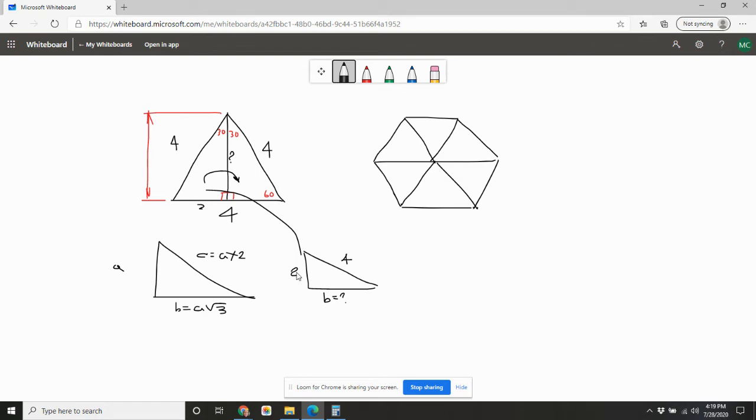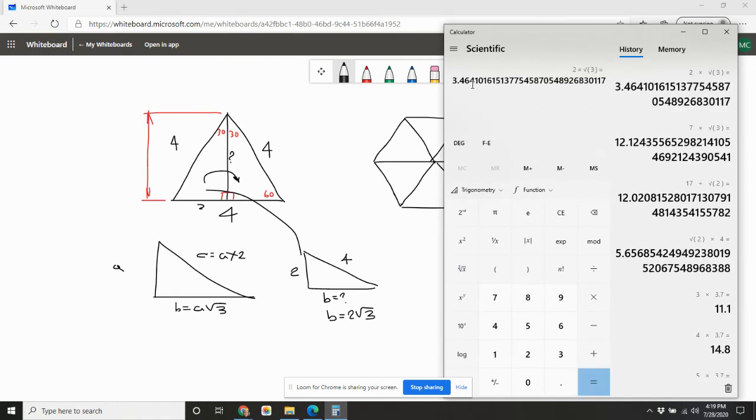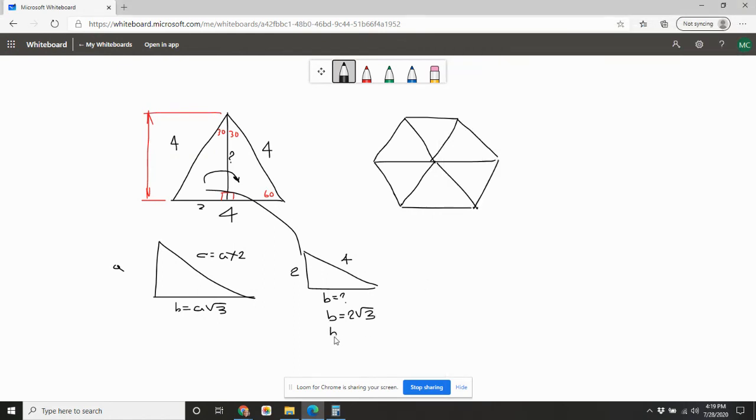So if I take 2, which is equal to A, multiply it times the square root of 3, I get 3.464. And that's also what I get here for the height of that triangle.